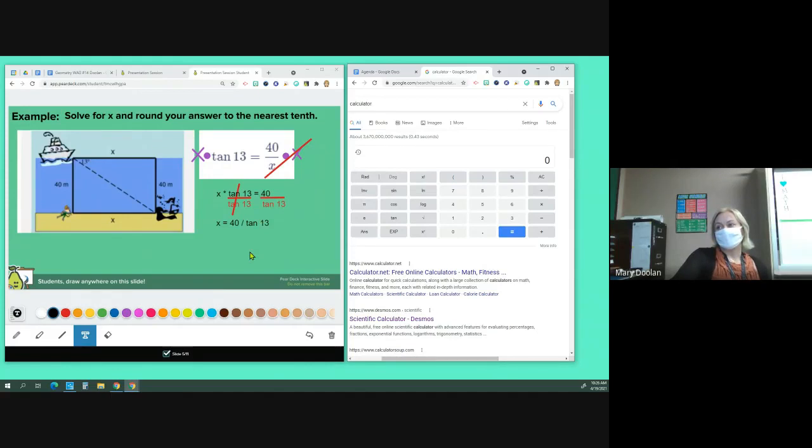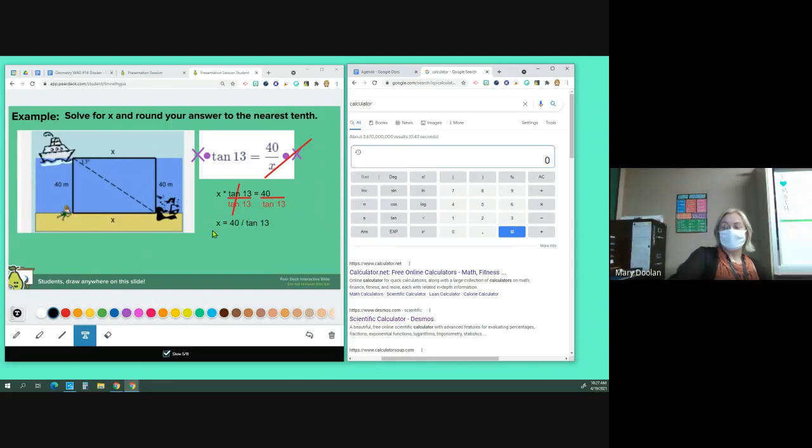The first thing you want to do with this calculator, or any calculator, is that you always have an option between radians and degrees. If you look at your angle measure, we're working with degrees, 13 degrees. So I want to make sure DEG is bolded. And that means I'm on degrees for this calculator.